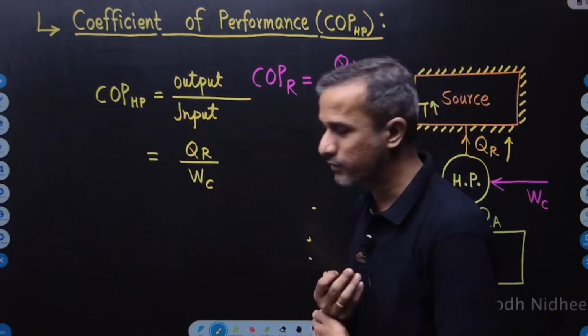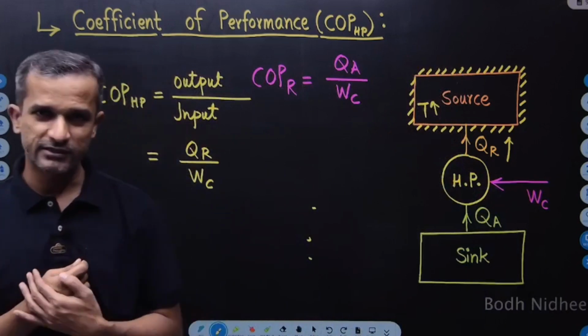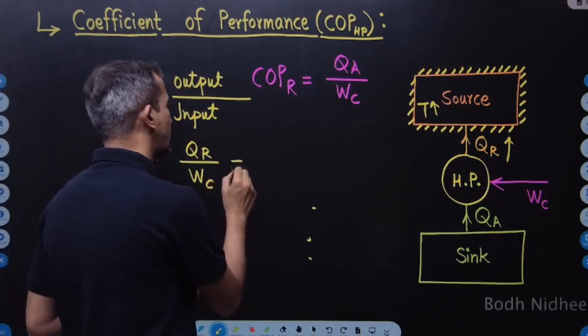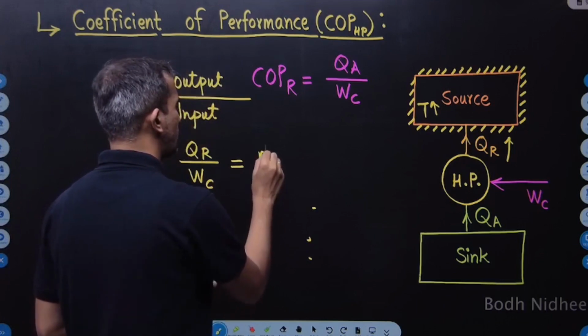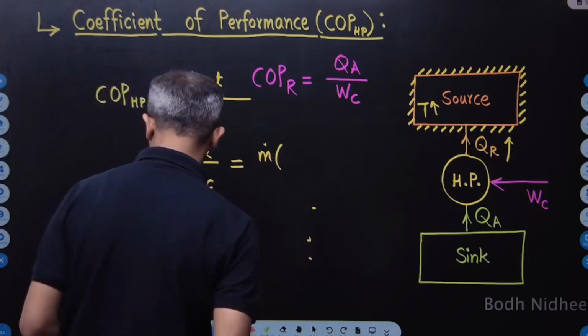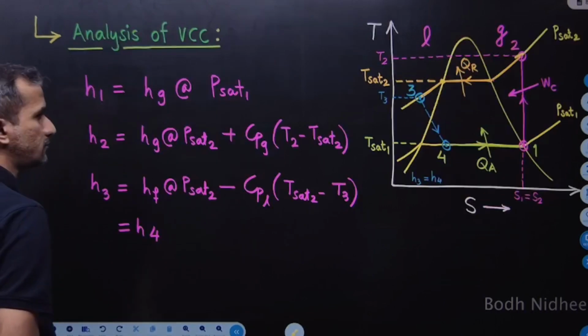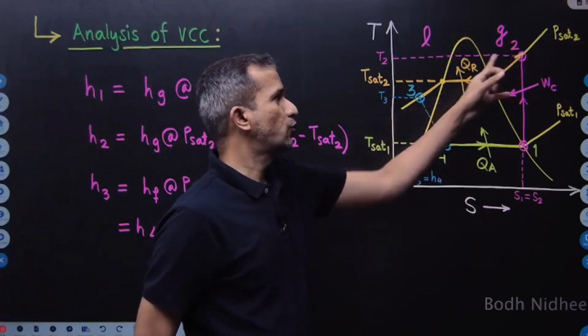Now I want to write that in terms of enthalpies. If I want to express that in terms of enthalpy, what is QR? QR is m dot into higher enthalpy minus lower enthalpy. What is QR? H2 minus H3.